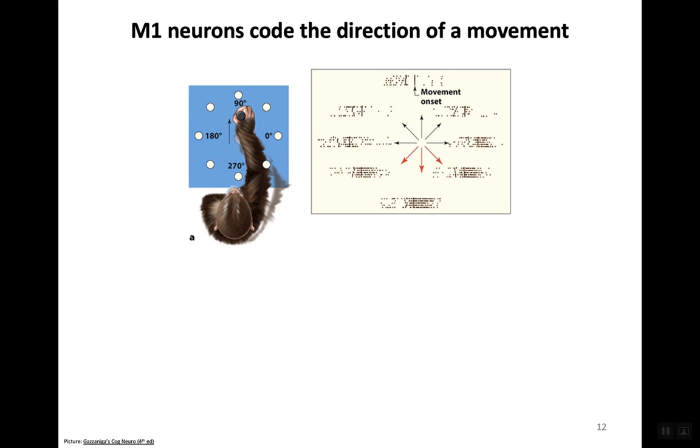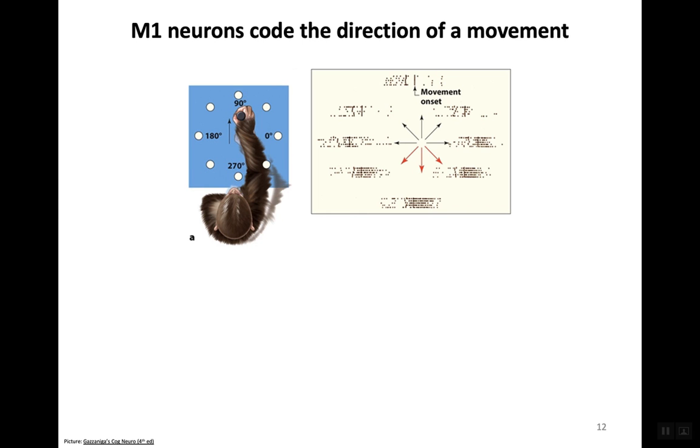And a fundamental aspect of that information is the direction of movement. So whether you want to move your arm directly in front of you or to the right or to the left, presumably there is some information at the level of the motor cortex with regard to that direction.